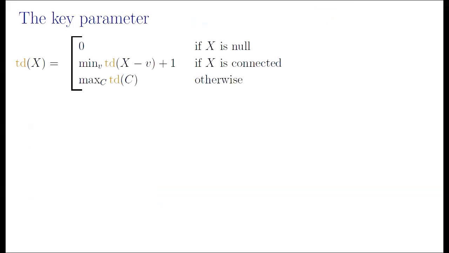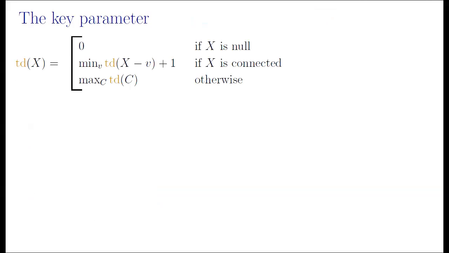Okay, so the definitions of the key parameters. Let me start with tree depth, just to be on the same page. It's a recursive definition, so we're defining the tree depth of a graph X with some cases.